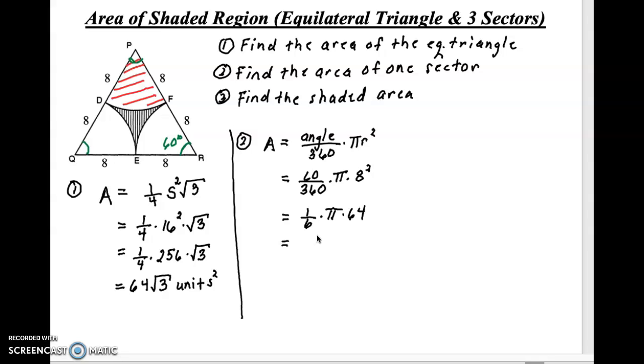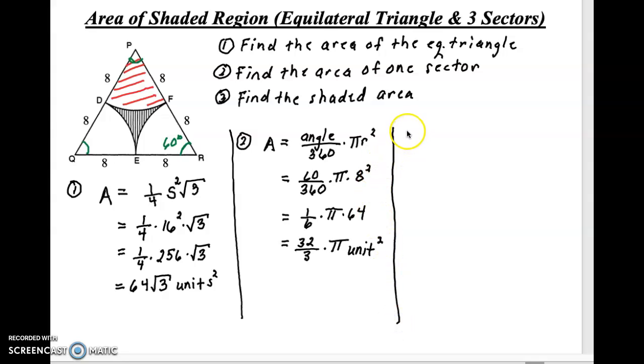That's really 10 2/3, which is really 32/3. Okay, so again, that's 1/6 times 64, that's 32/3 pi. Now, that's the area of one of those sectors.